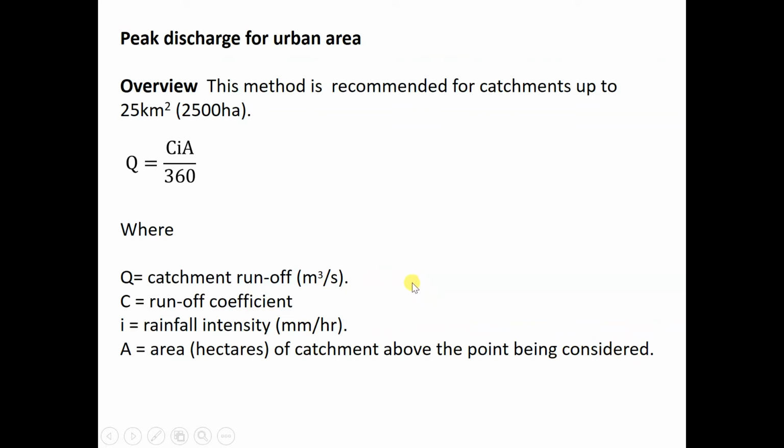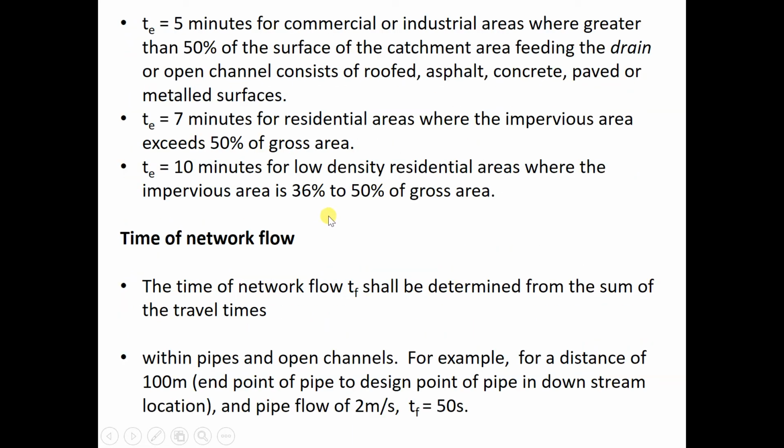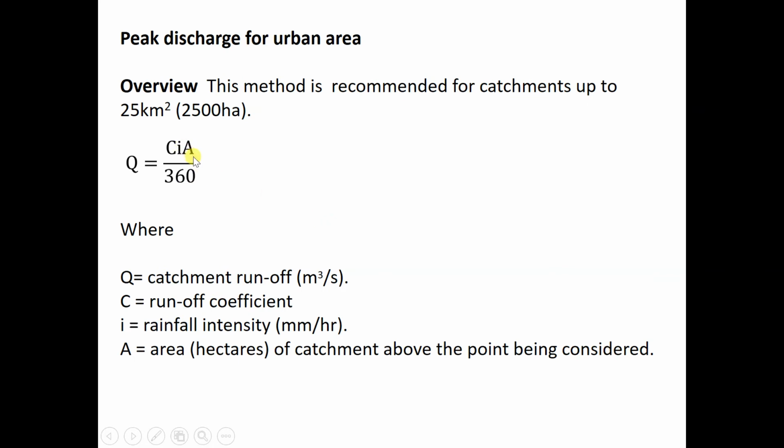Okay. So I think we'll have a look at the urban area as well. Urban area is still the same formula. Okay, actually the same thing. The only difference is that the area is a bit different. The area we determine by the boundary of the drain, because the urban area is a built up area.